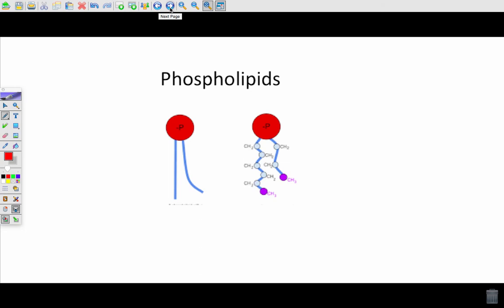A lot of the stuff we're going to talk about today, you guys have already learned. So phospholipids, we talked about in the macromolecule unit, have a polar head and they have two nonpolar tails.